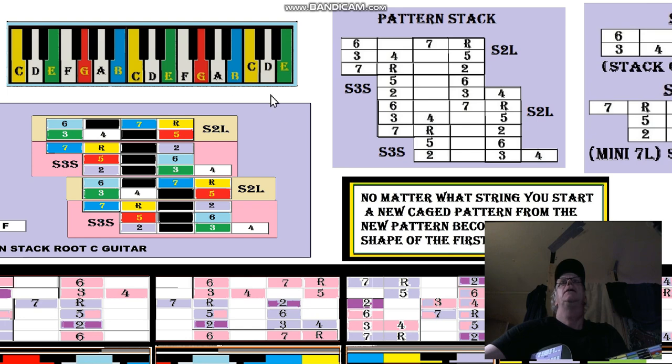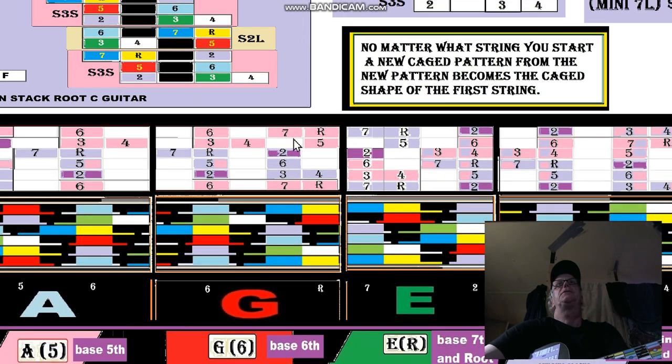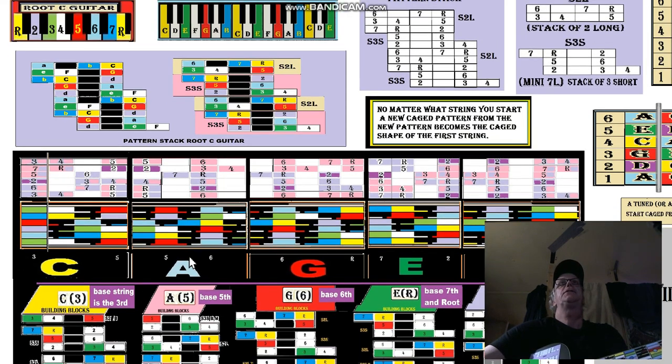All right? I've been saying this all along to people: these key of C drawings, with the numbers, because E is the first note, are universal. This is just like looking at a piano keyboard. All the keys are there.